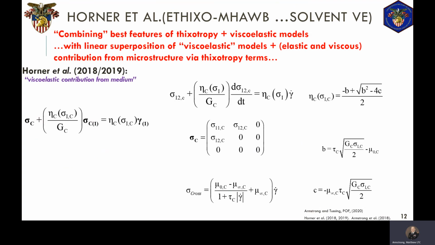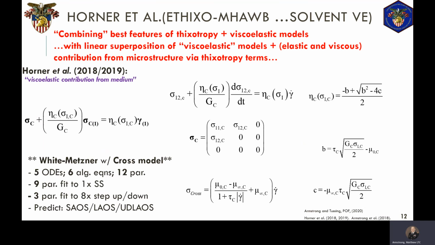Of course, our basis model of comparison, recently published, Horner et al., 2018 and 2019, based on a Maxwell equation with a White-Metzner modification using the Cross model to calculate the viscosity as a function of shear rate. This is well published, and if I had any more questions about this, I would go to the references.